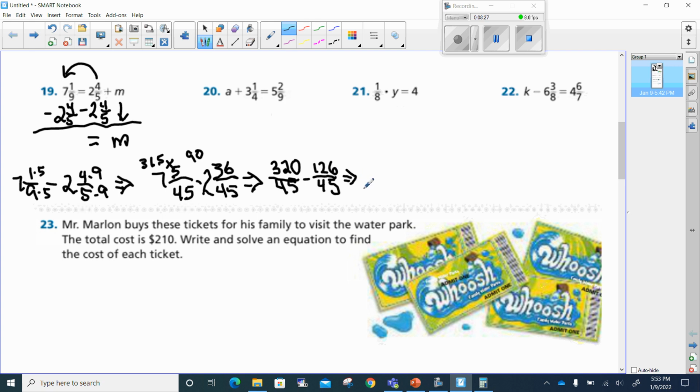But we know that 45 is going to stay the same. Now it's time to go ahead and subtract the small number from the big number. I'll bring it over here: 320 minus 126.